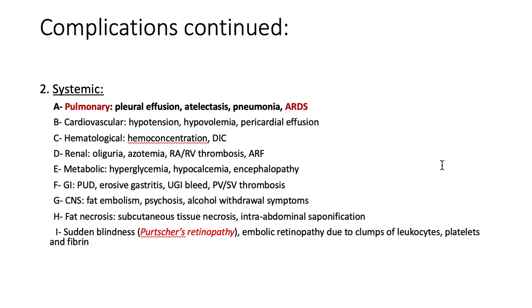That's why we have this pleural effusion. Plus, we have the direct effect coming from the pancreatic tissue itself. It could cross the diaphragm and go to the pleural space, and it causes damage and pleural effusion. And it could lead to acute respiratory distress syndrome.